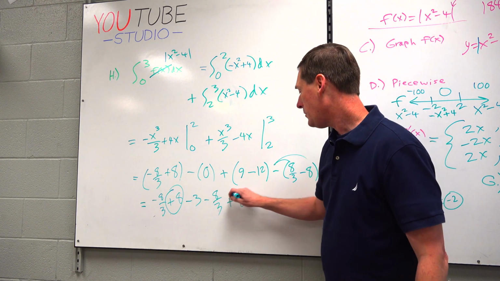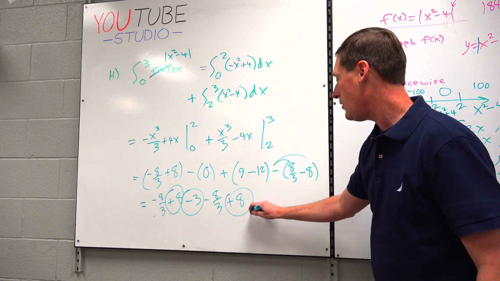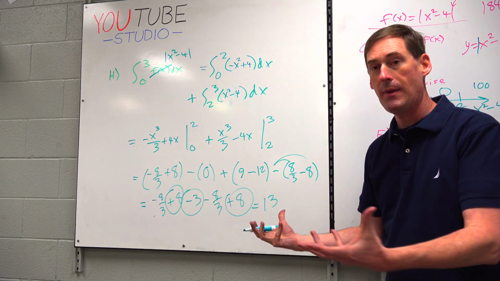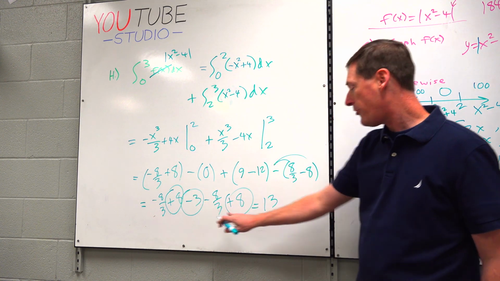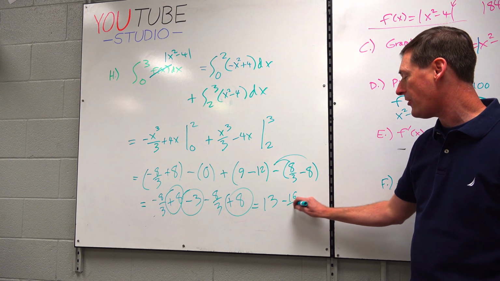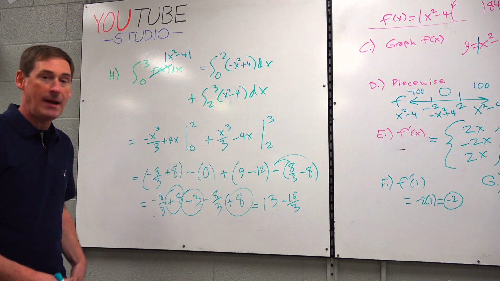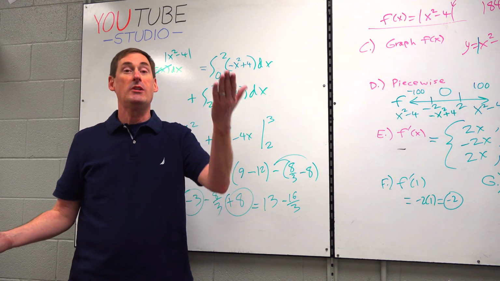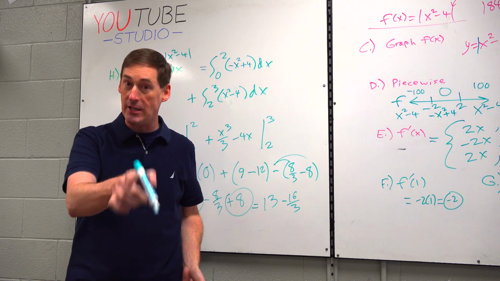Okay, integers. 8 plus 8 is 16, minus 3 is 13. So I gathered my integers. Minus 8/3 minus 8 more thirds is minus 16/3. Sometimes that'll come up to be something like minus 30/3, which is negative 10, which means you didn't need a common denominator because you just got a whole number. That does happen, by the way.